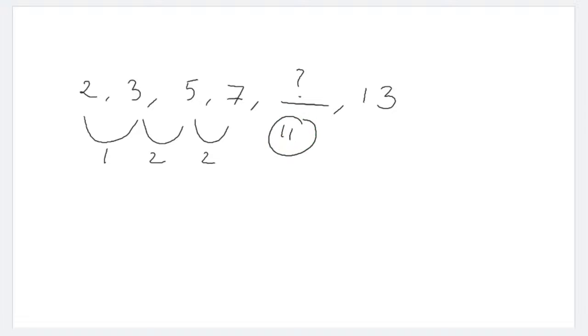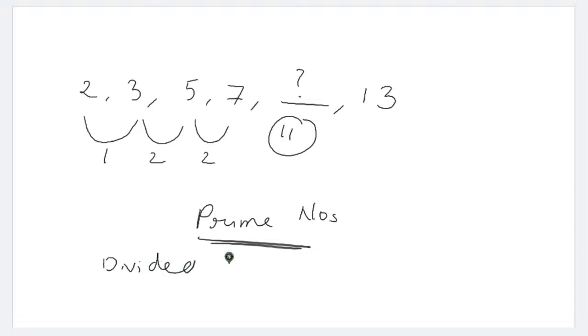All these numbers are prime numbers. Now what are the prime numbers? Prime numbers are the numbers which are divisible by 1 and itself.